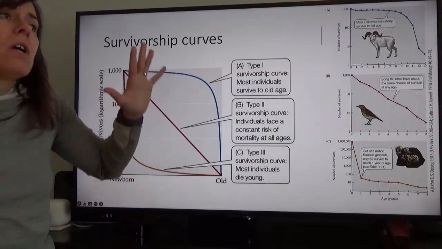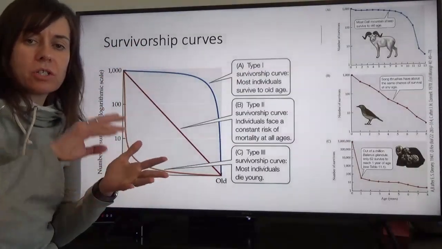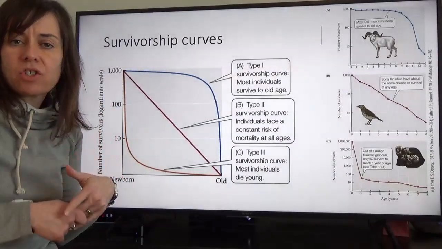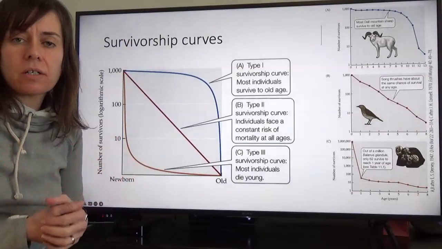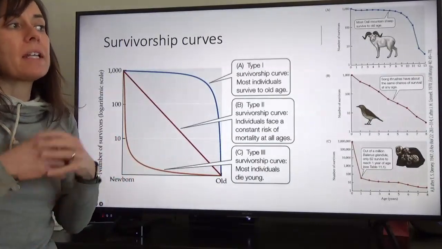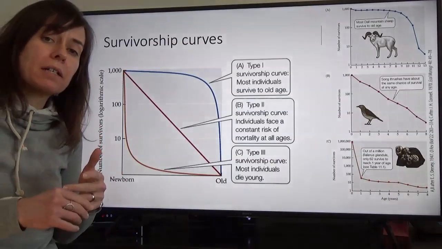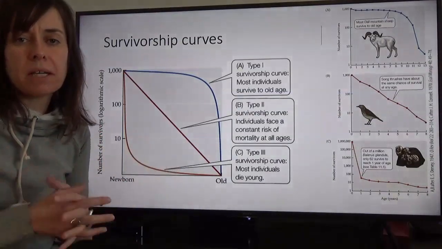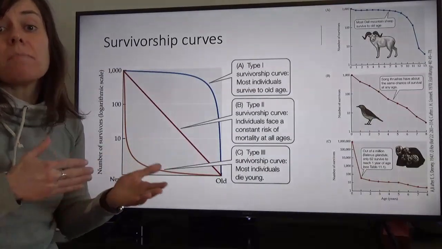Okay, so we know that we have differences between ages, genders, and individuals at different stages in their development, for example, that impact the survivorship and also impact the fecundity. There's lots of examples where the reproductive output increases or modifies with age.